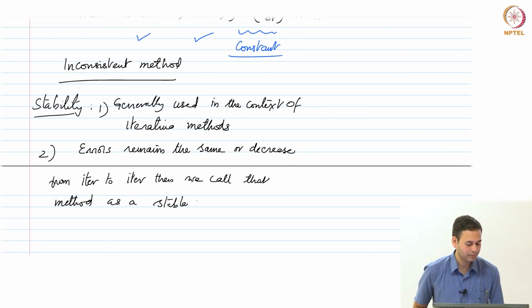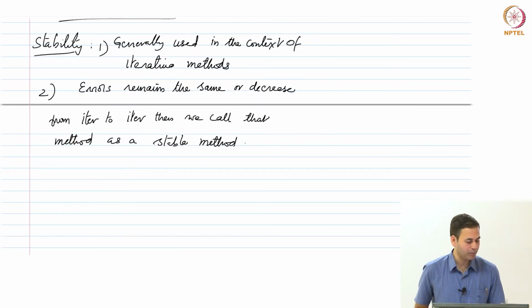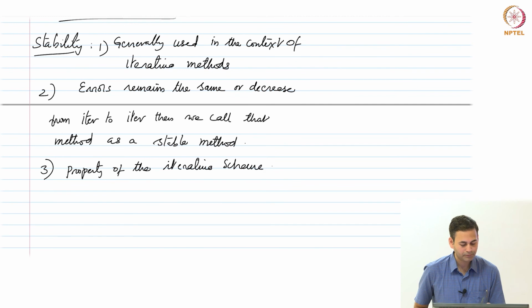Okay. All right. So, essentially this is a property of the iterative scheme we are employing. Okay. That means this is related to the path to the solution.